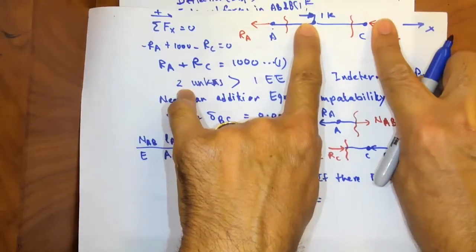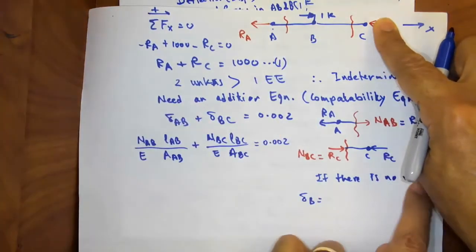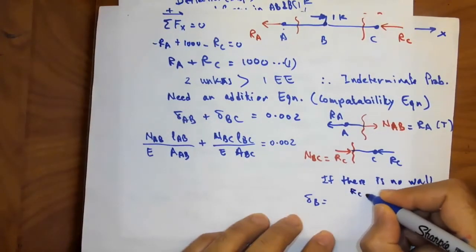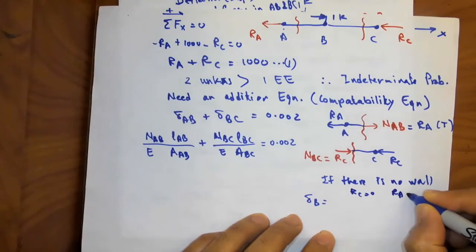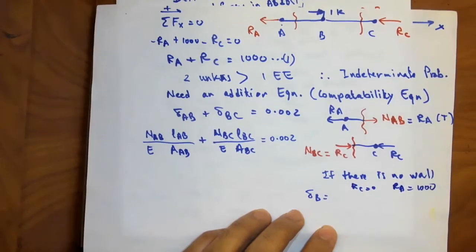If there is no wall, RC equals 0 and RA equals 1,000, right?